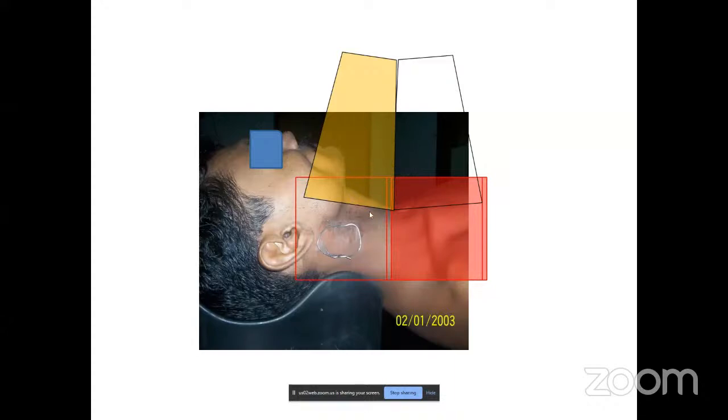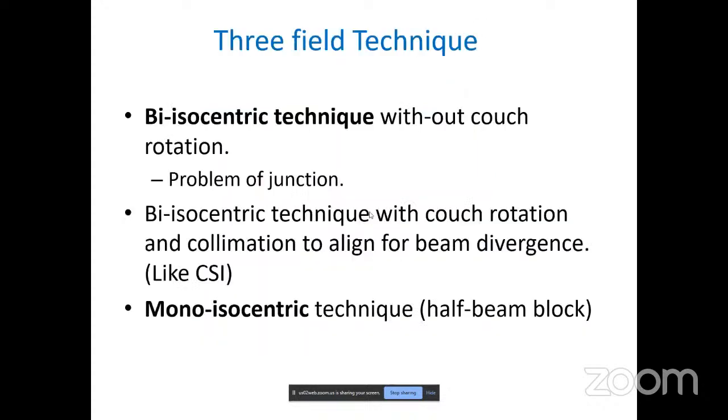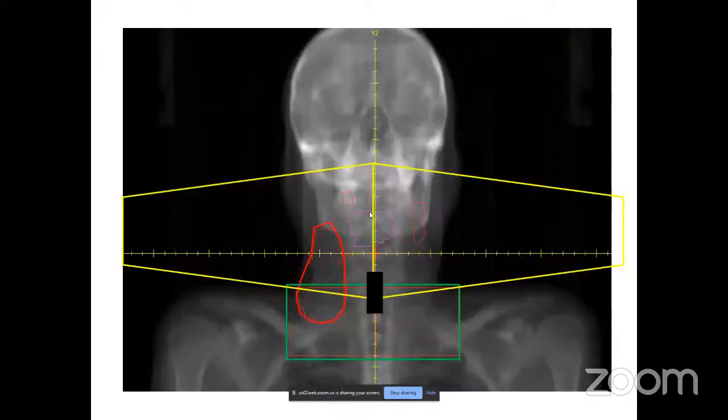So either with the half beam block or the monoisocentric technique, you can avoid this kind of divergence. So 3 field techniques can be done either by the bi-isocentric technique or by the mono-isocentric technique with half beam block.